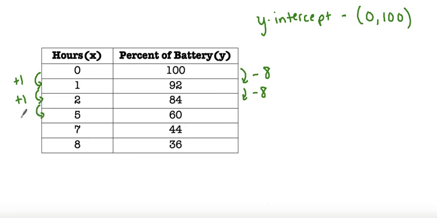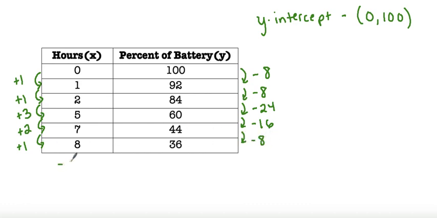After 3 hours, the percentage decreases by 24. After 2 hours, it decreases again, and this time it decreases by 16. And then after 1 hour, it decreases by 8.